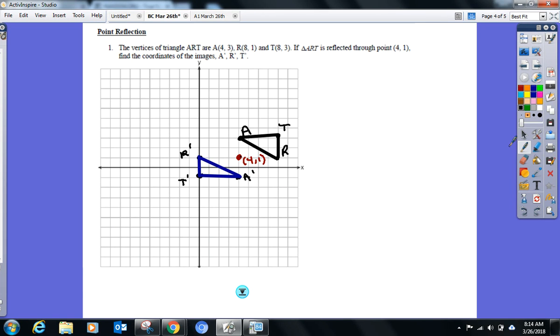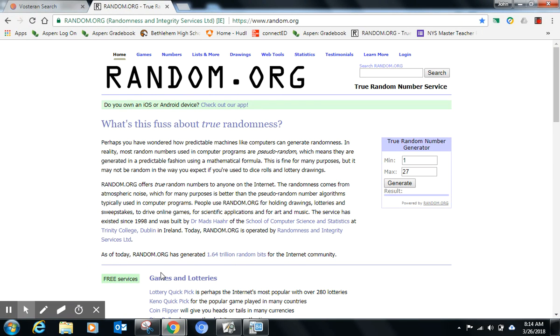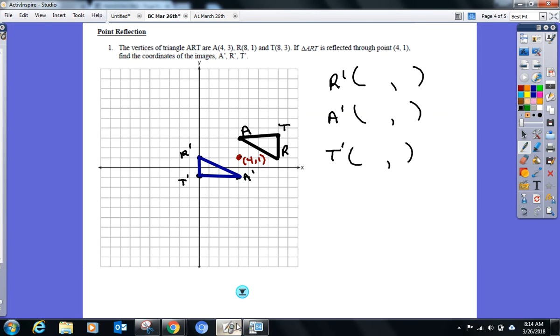And just let me know what those coordinates are now. Matt, call a number for me. You just answered the last question. 10.